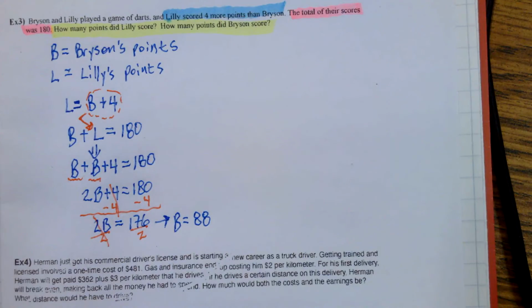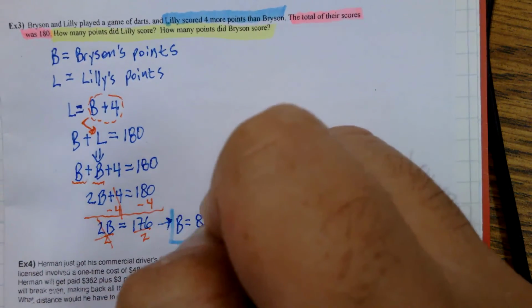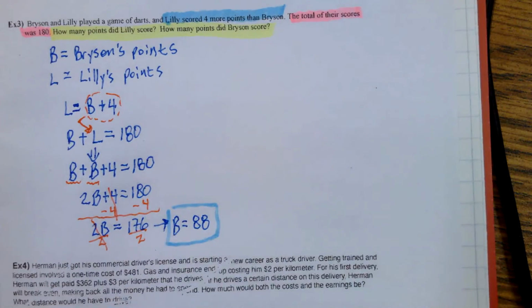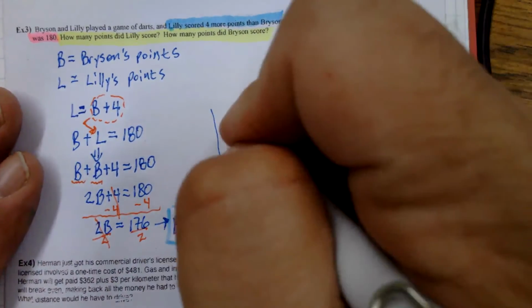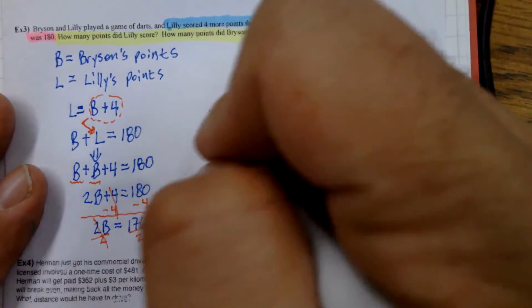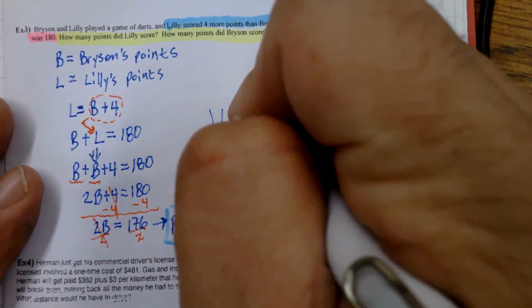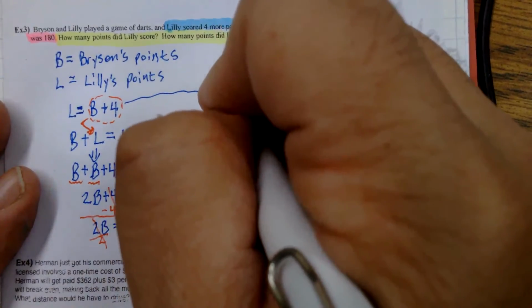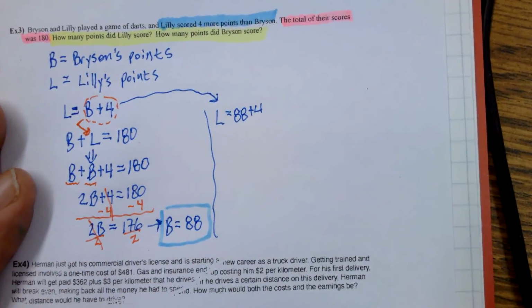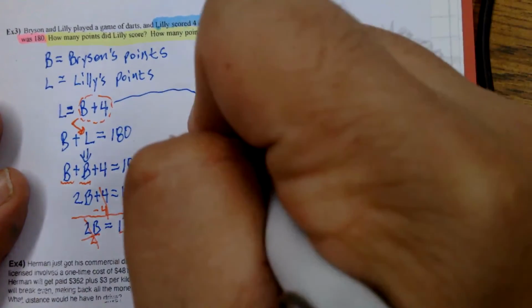So now we know Bryson's score was 88 points. It's really easy to get Lily's points now, isn't it? Because Lily's is Bryson's plus 4, so it would be 88 plus 4. All I'm doing is taking this. That's 92.